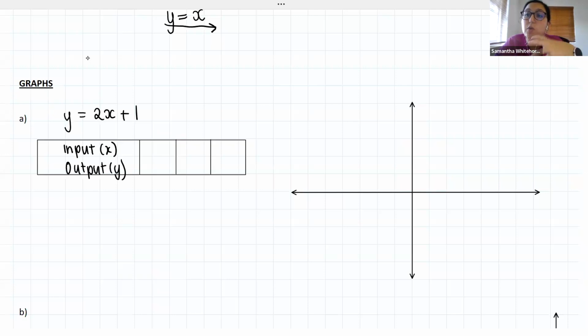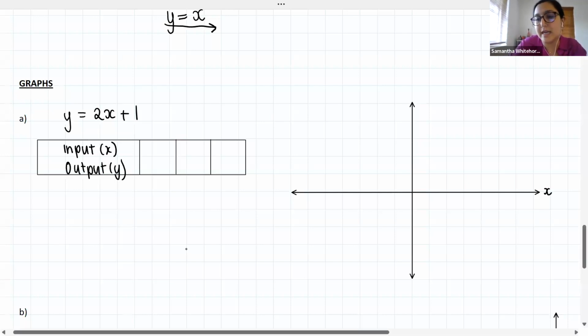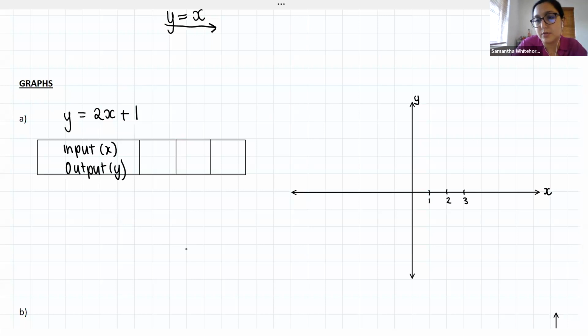Now remember, if you are going to make your own table, you have to then pick your input and output values. You can pick any values you want, but let's just quickly jump to our Cartesian plane and remind ourselves of what it is. Your Cartesian plane is an X and a Y axis, and there are numbers on it: 1, 2, 3, etc. These axes are basically like number lines.